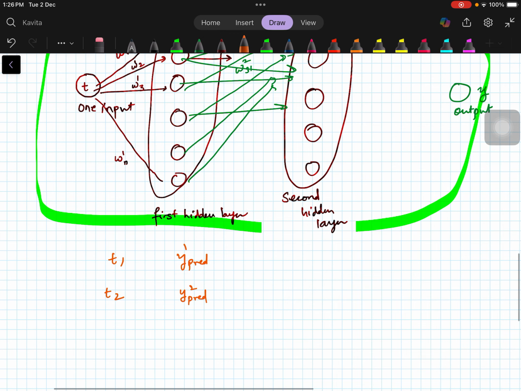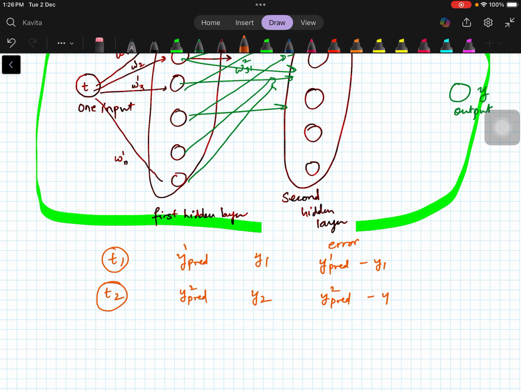But for T1 you already had the value y1 as the solution, and for T2 you already had the value. So now you know the error is what your model has predicted minus what you already had in your data set. Here also, what your model has predicted minus what you already had in your data set. So you have your errors.